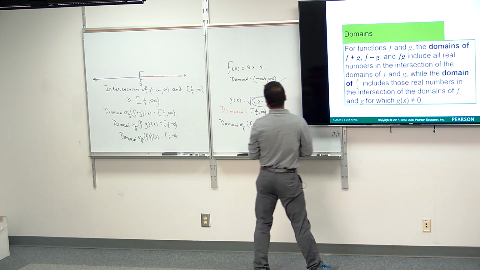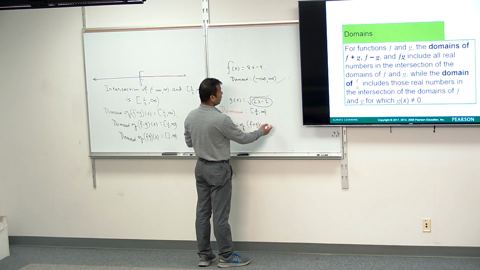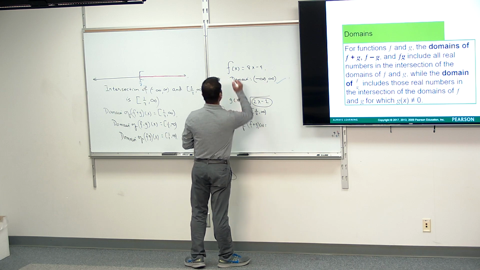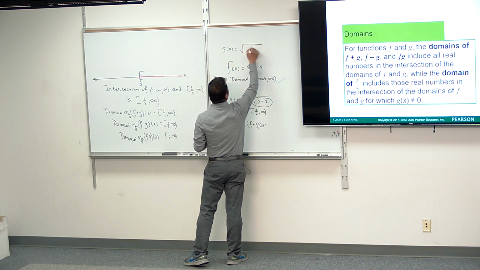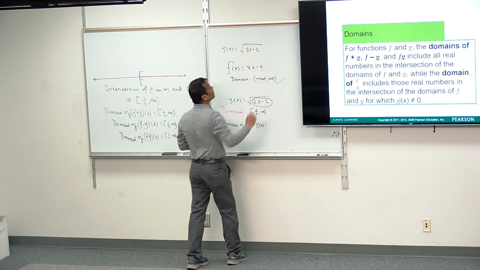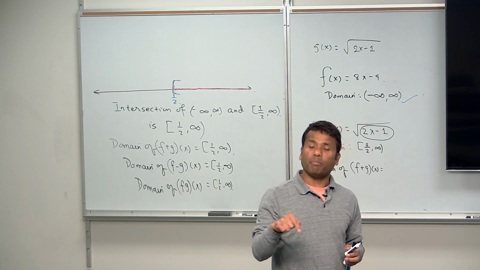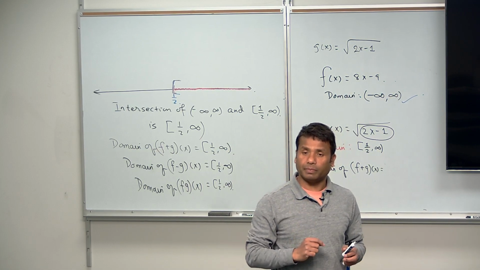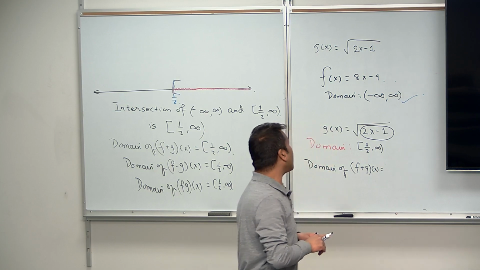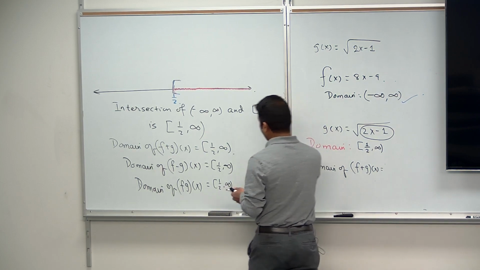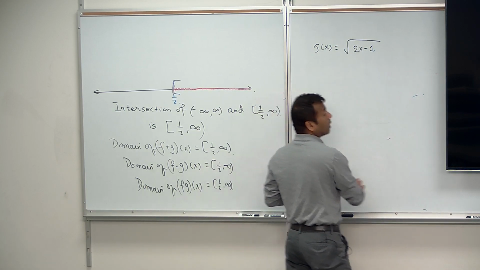So now what is your g(x)? Your g(x) is radical 2x minus 1. Right? So now what value of x makes g(x) 0? So to find that, look here.